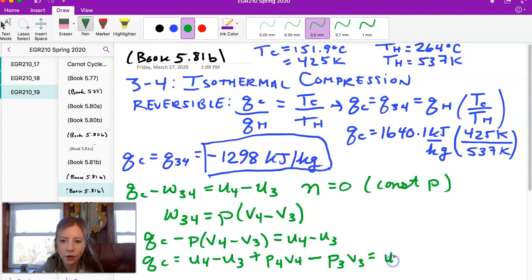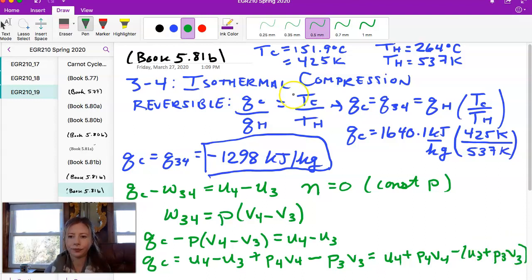So if we have U4 plus P4 V4 minus U3 plus P3 V3. Okay, so looking at this, we have U plus PV. What is defined as U plus PV that we can look up in a table? Enthalpy, H. So this is just simply H4, and this one is H3.